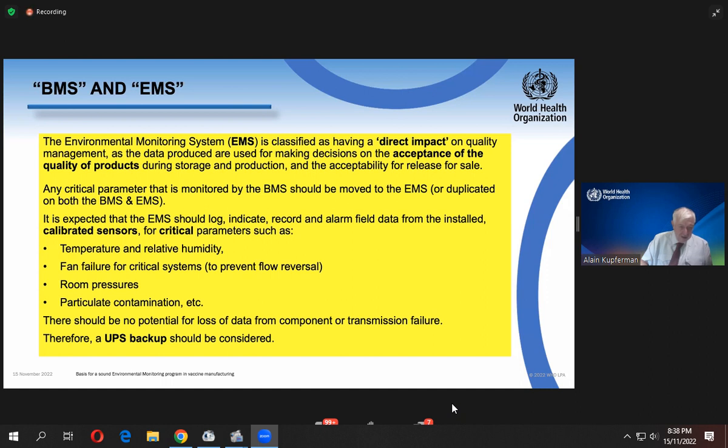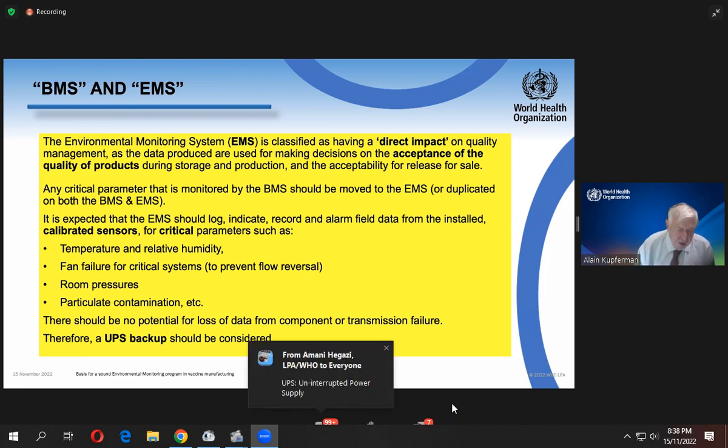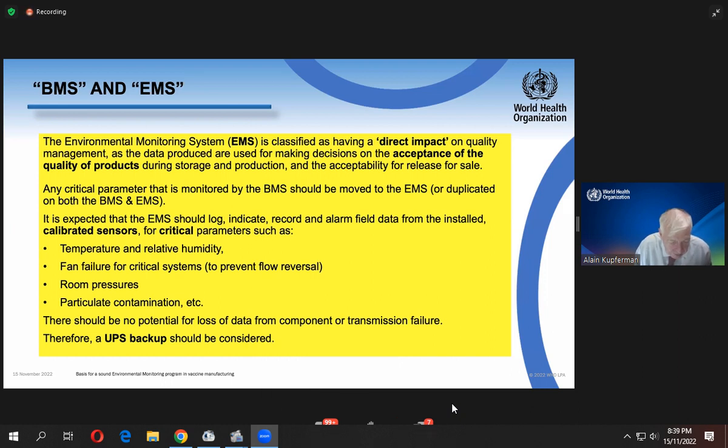That means we have critical sensors and we have critical parameters: my temperature, my relative humidity where necessary. For instance, if I take my air pressure, fan failure for critical system, flow reversal. Then I know from my sensor, from my Magnehelic, etc., room pressure, particulate contamination. And because it's critical, I consider there a UPS backup also. First, not to lose the data, and secondly, because it has to work at all times.